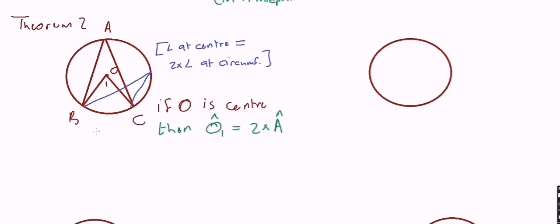We are allowed to have that angle. So O1 will be equal twice this angle here. Or we could even have another angle like this. So O1 would still be equal to twice whatever this angle is. Okay? Just pay attention to that type of geometry.